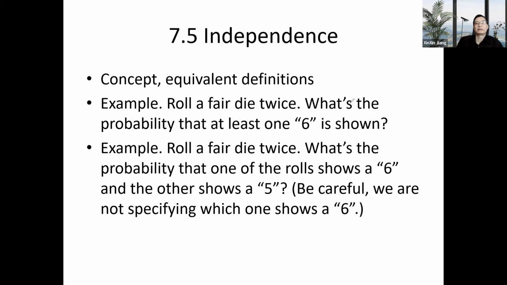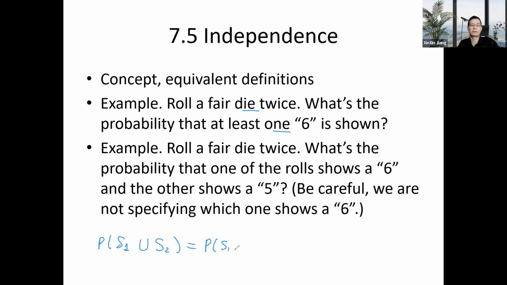Okay, so let's use the formula and incorporate the concept of independence here. At least one 6. So the probability is the first one is 6, let's use S1, or the second one is 6. This is not the sample space, it's the number 6.